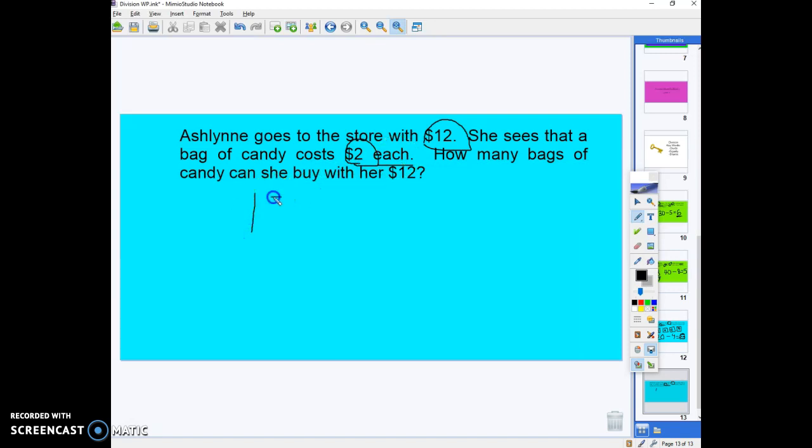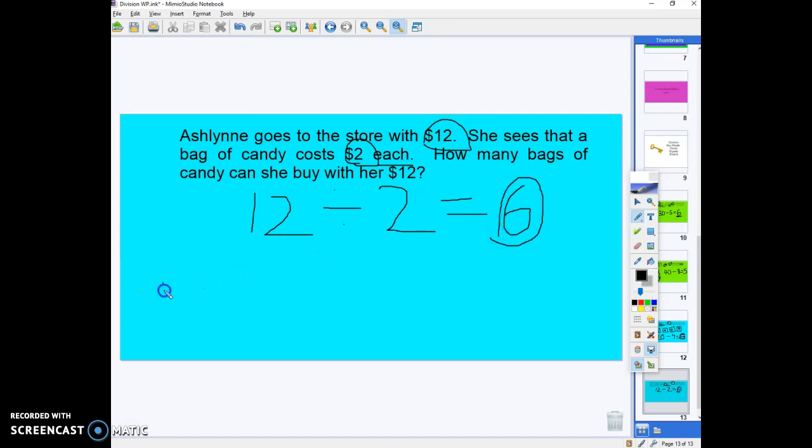So she starts out with 12, and each time she goes to buy a candy bag, it costs $2. So she's dividing her money equally. And so each time 12 divided by 2 gets us 6. So she can buy 6 bags of candy.